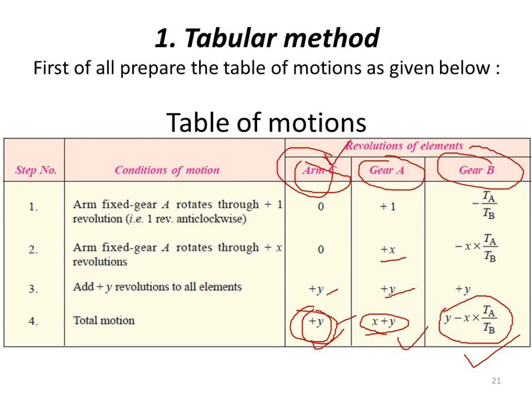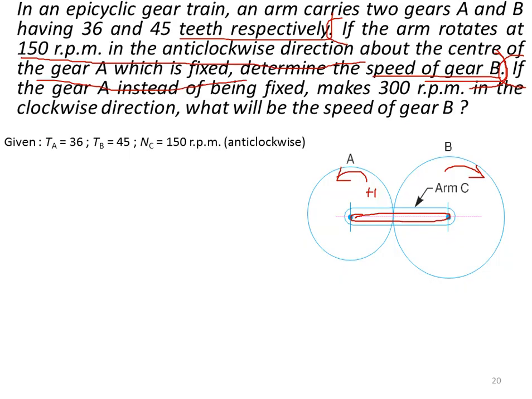Okay. So here he has given the initial condition for the arm C. He has given 150 rpm in anti-clockwise direction.